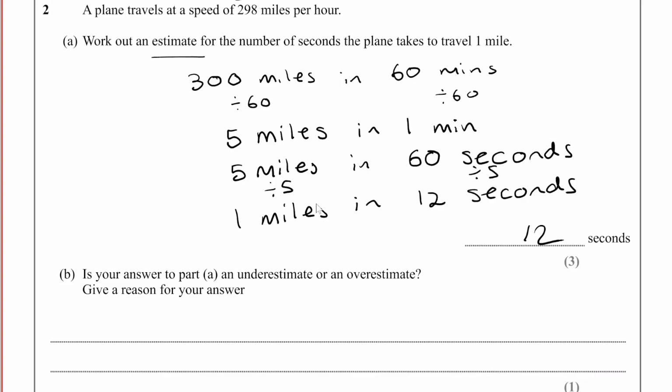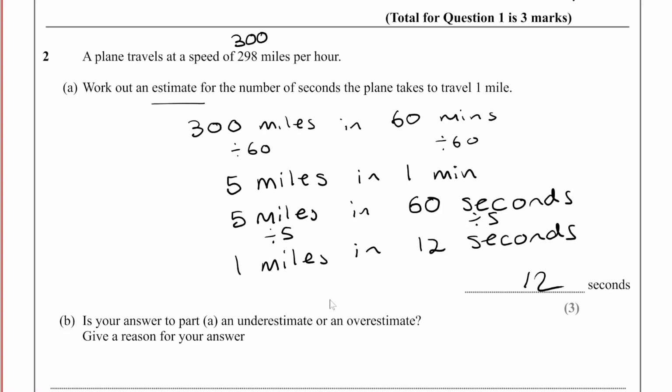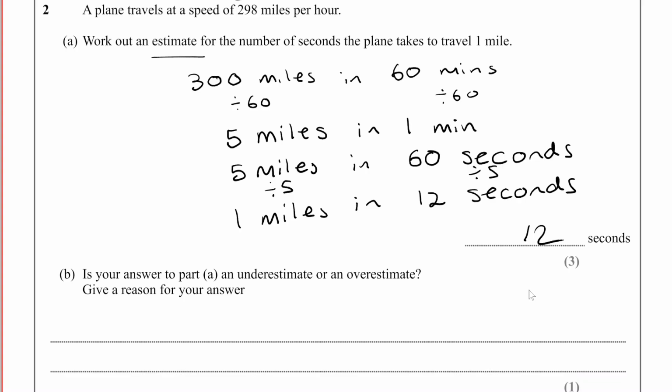Is your answer to part A an underestimate or an overestimate? Give a reason for your answer. So the actual speed is lower because we rounded it up. And if it's slower, it will take longer to travel a mile. So the slower the speed, the longer it takes to travel a mile.